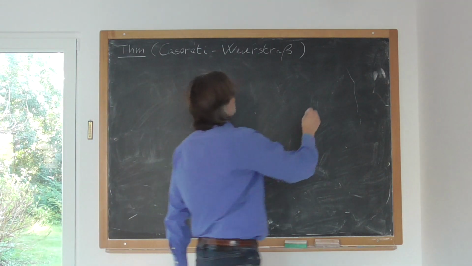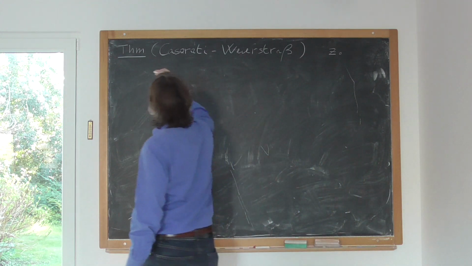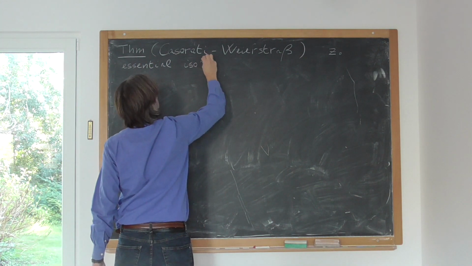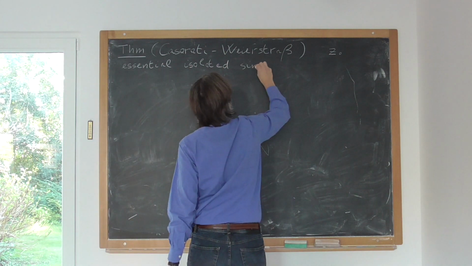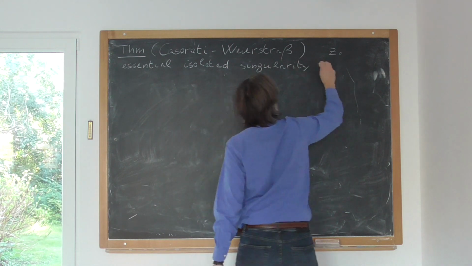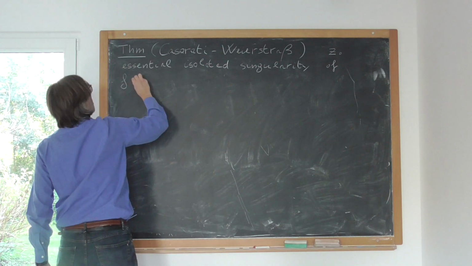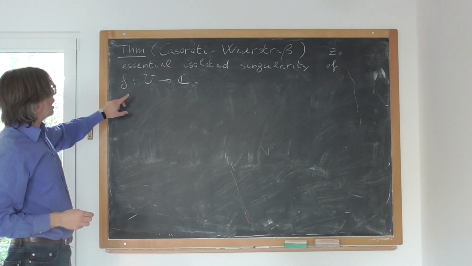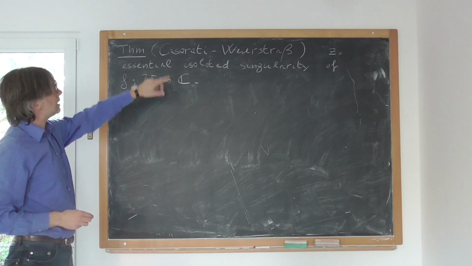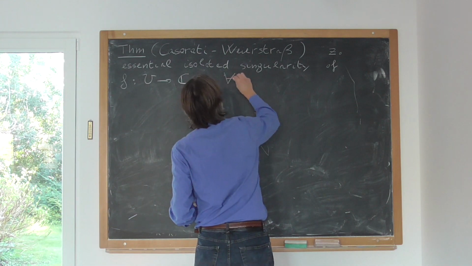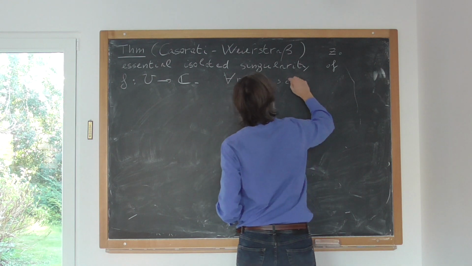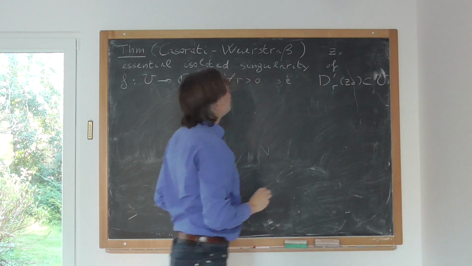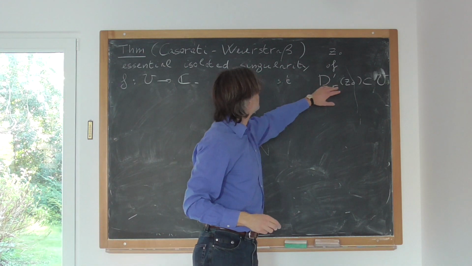It says the following. So, z naught is, by assumption, an essential isolated singularity of f. f is as usual our holomorphic function from U to C. Then we consider an arbitrarily small punctured disk centered at z naught contained in U. So for any R positive such that this punctured disk D prime R of z naught is contained in U, we look at the image of this punctured disk through the map f.